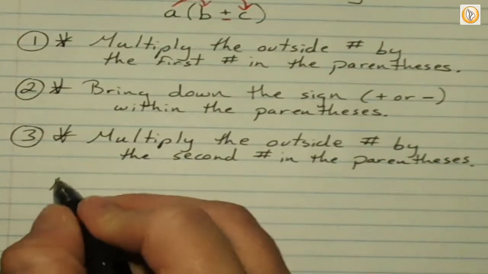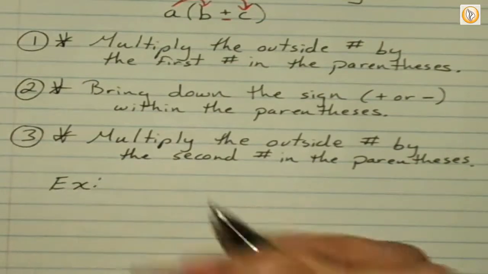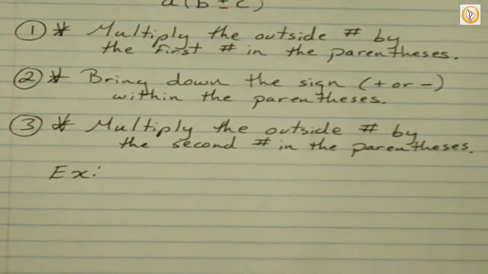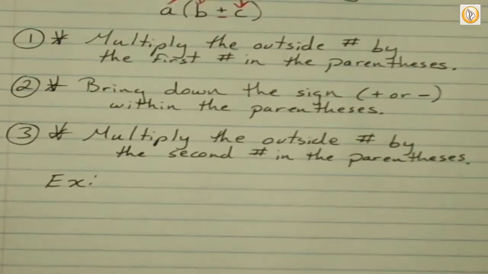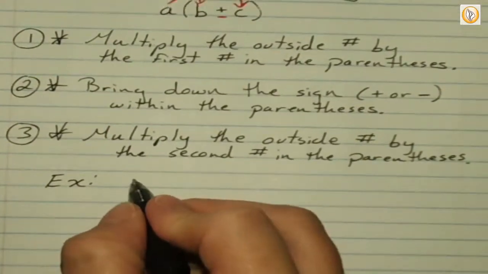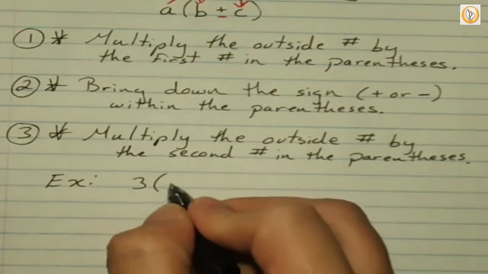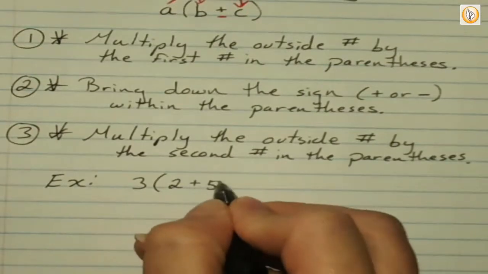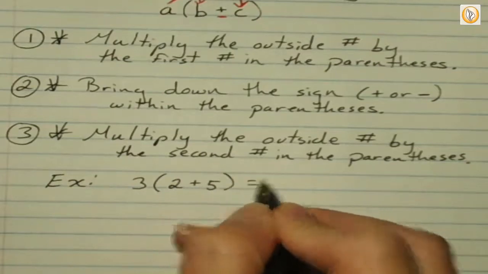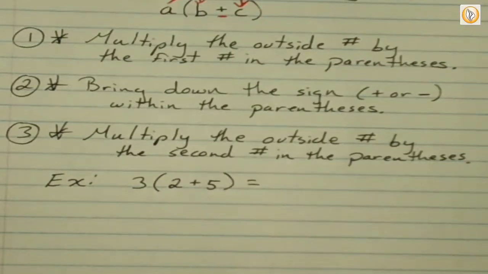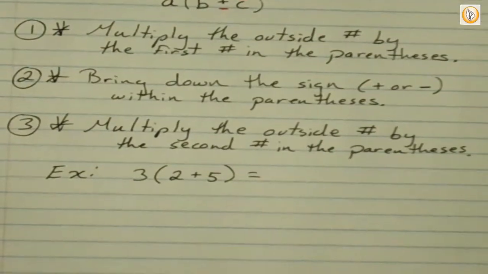All right. Example. Let's say I have 3 times the quantity 2 plus 5. We're going to add 2 plus 5 first because they're in the parentheses.